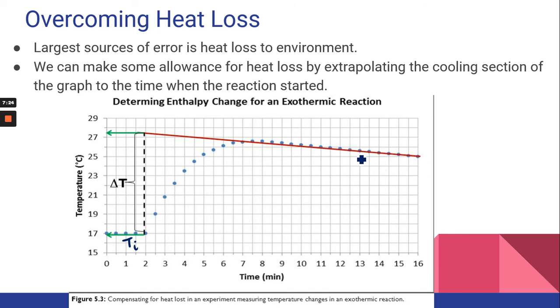So if we take a line of best fit, taking this curve, once it's hit that top peak, and work backwards, we can see where the temperature should have been if no heat was lost to the surroundings. So we're going to move that line backwards. And so our final temperature ends up being up here. So it's not the highest point on the graph, but bringing a best fit line backwards there. And so that's one way of overcoming that heat loss to the surroundings part of doing things in the lab.